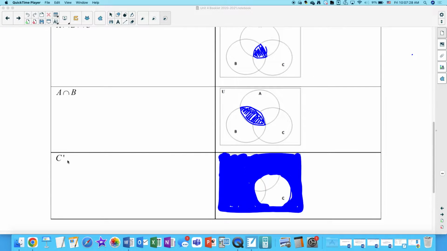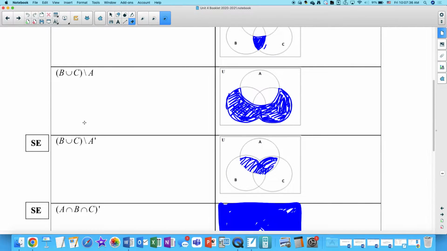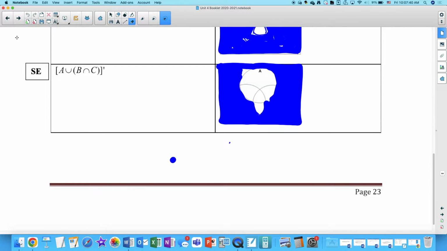C complement, for example, is everything but C. We went through all of this, and you guys can review. Hopefully you have that colored in, but if not, then look at the completed notes on D2L and make sure that you understand why the shaded piece of the Venn diagram matches the symbols that you see on the left.